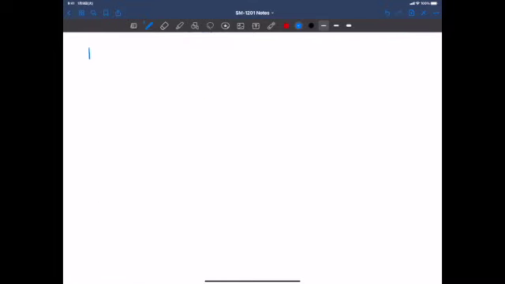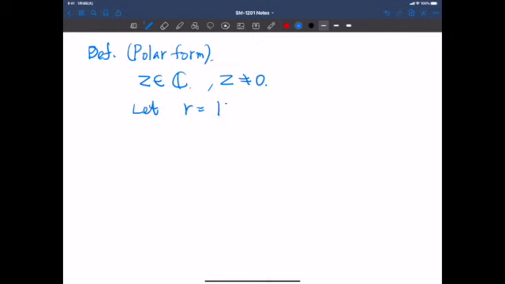Next, let us define the polar form of a complex number. Okay, so let z be any complex number that is not 0, and let r be the modulus of this complex number, and theta be an element of its argument.